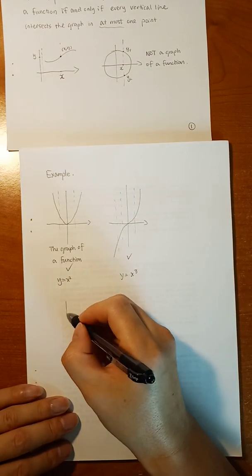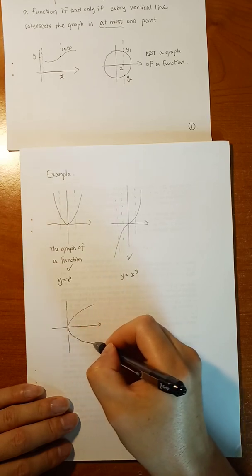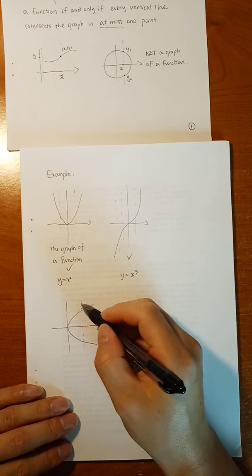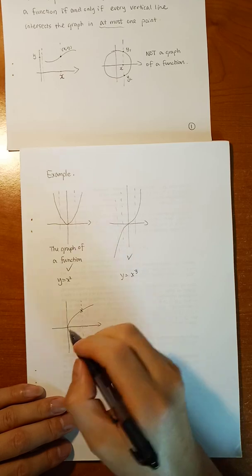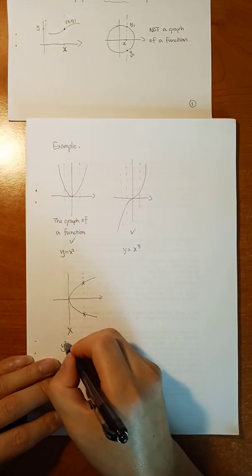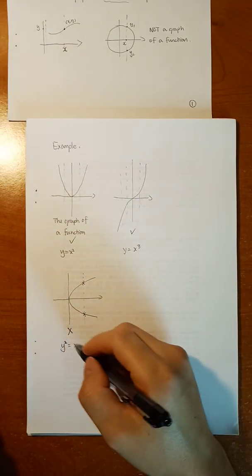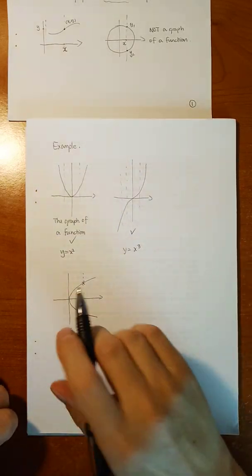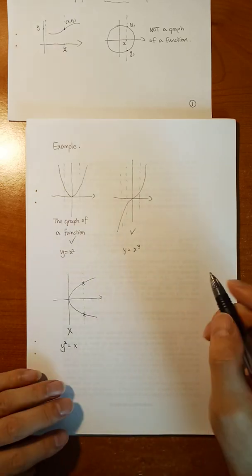And if we have this one, unfortunately, you see here, when we draw it, you will have two intersection points. So this is not a graph of a function, and this is possibly the graph of the equation y squared equal to x. Remember that's y squared equal to 4px, that parabola, the first standard position.